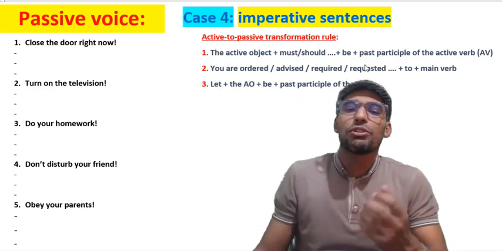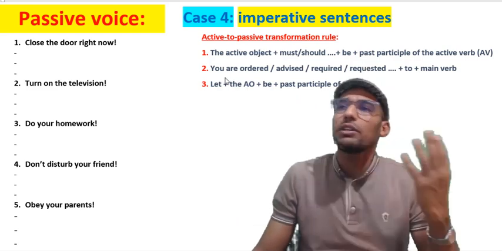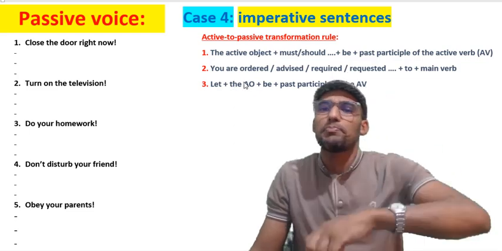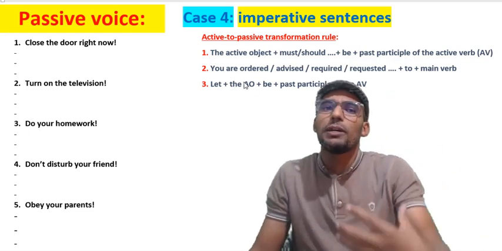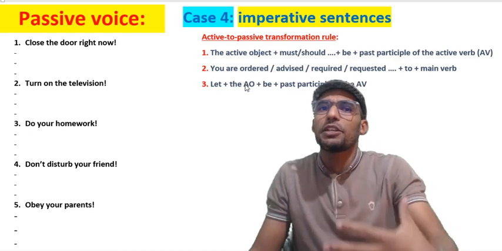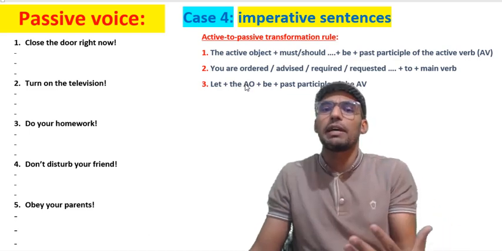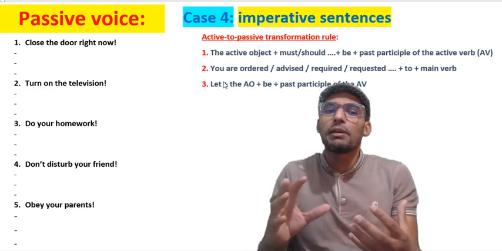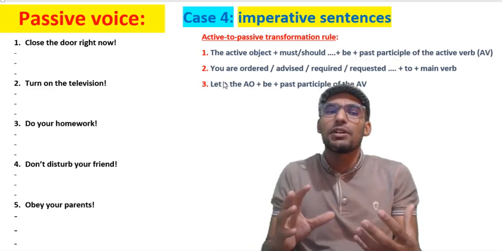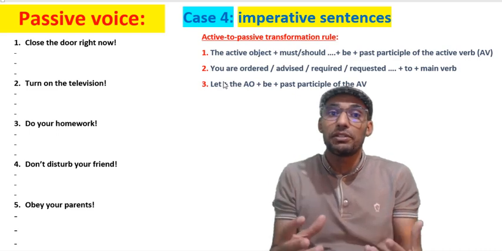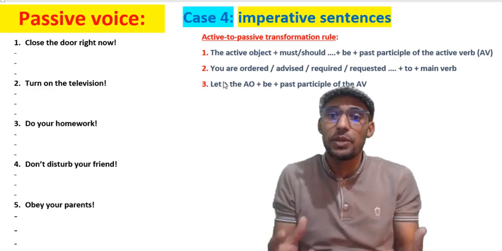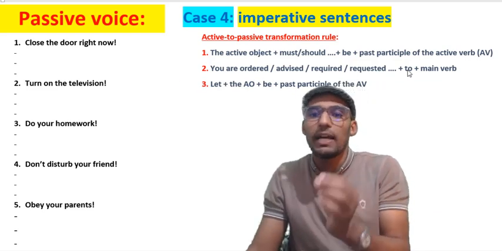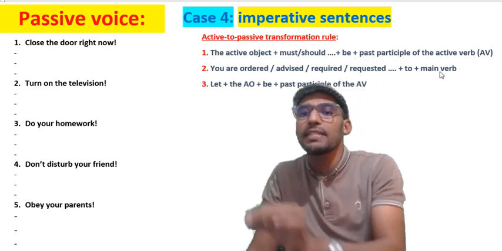Another way, number 2, is we can start our statements this way. You are plus the past participle of a verb that expresses the meaning and the function of our imperative statement. If we feel that the statement expresses request, we can say you are requested plus to the infinitive plus the main verb.